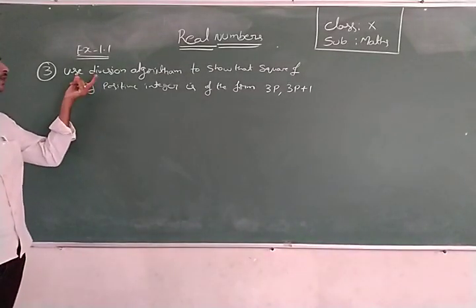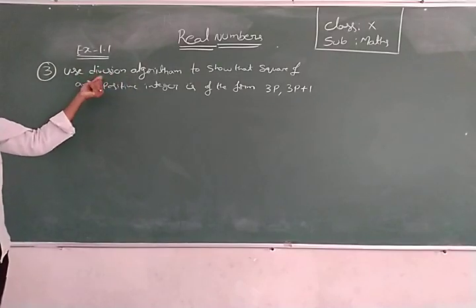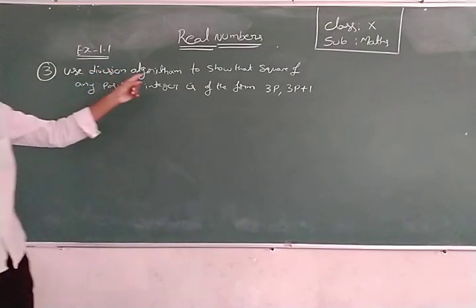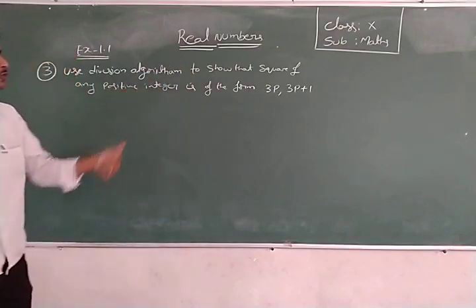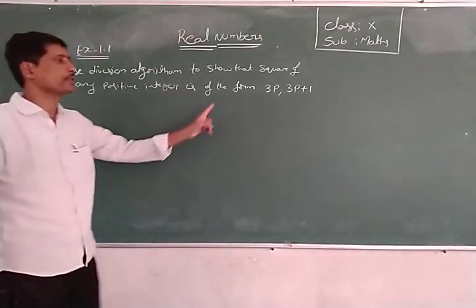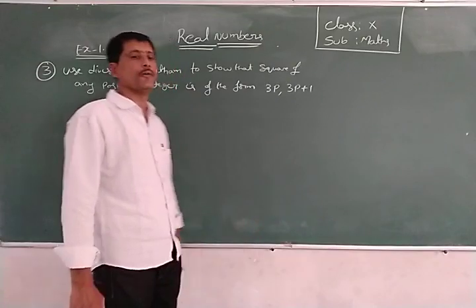Here use division algorithm or Euclid division lemma, both are the same. Therefore, to show that the square of any positive integer is of the form 3p or 3p plus 1. Solution.